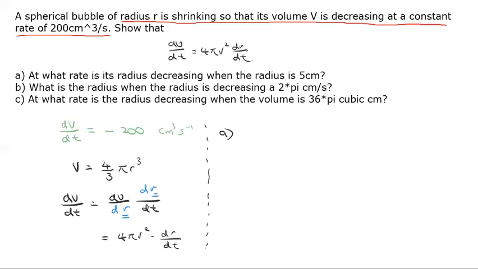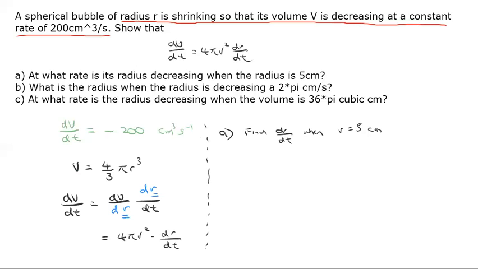All right. So basically find dr dt when r equals 5. Pay attention to the centimeters, but essentially when r is 5, yes?